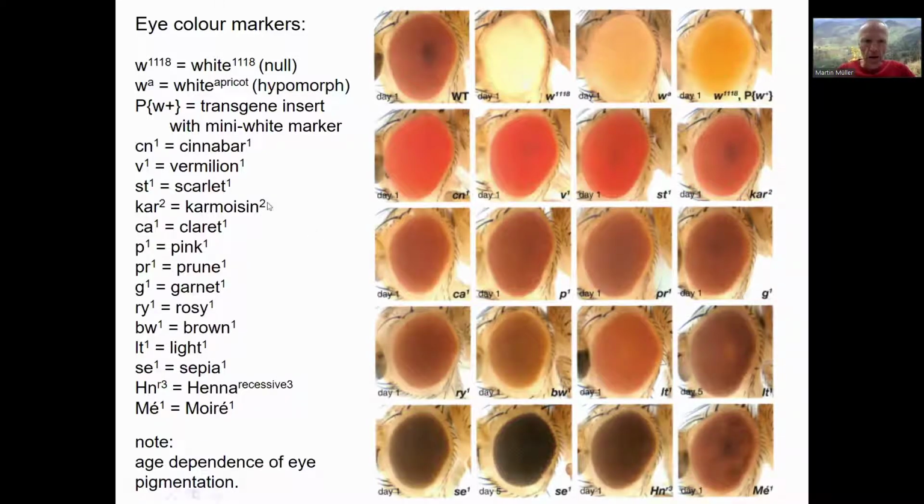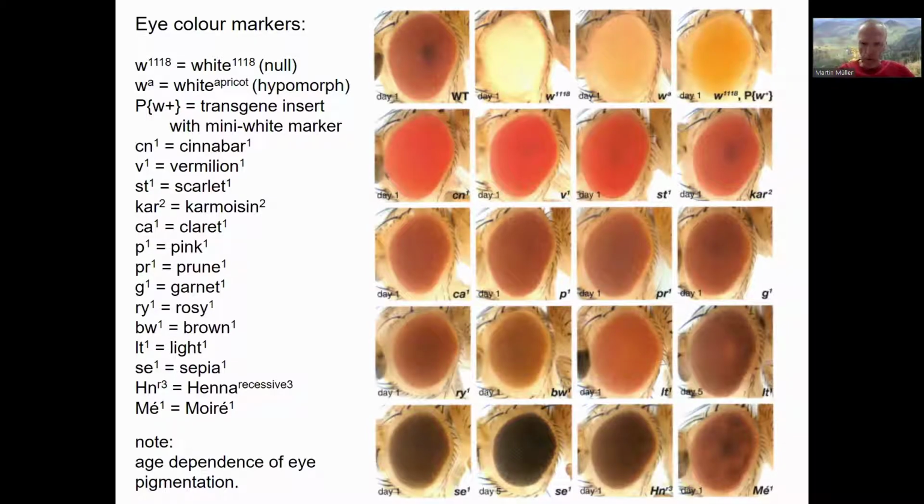So I give you here the name of all the mutations: cn, cinnabar, v, vermilion, and so on and so forth.